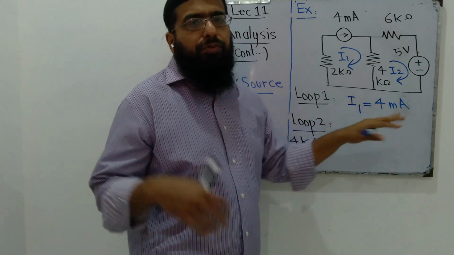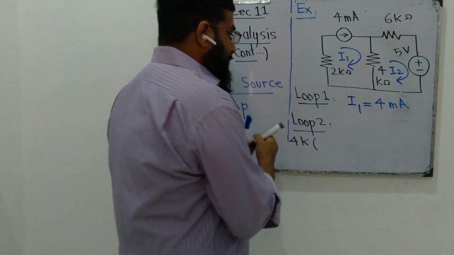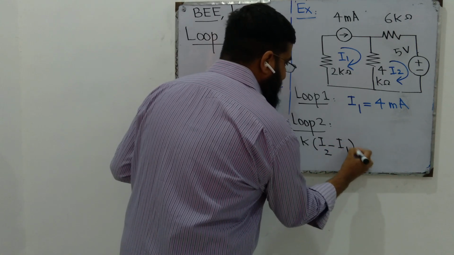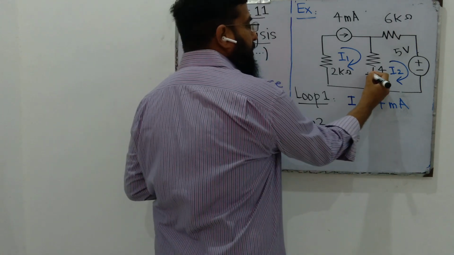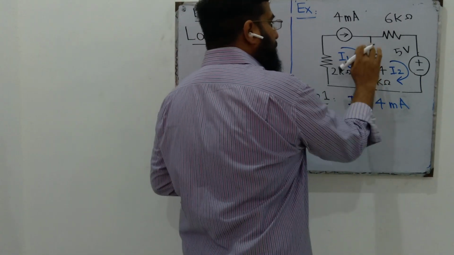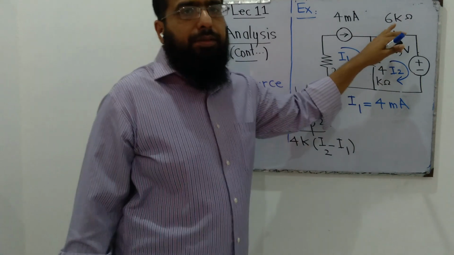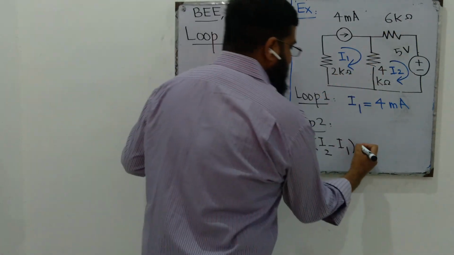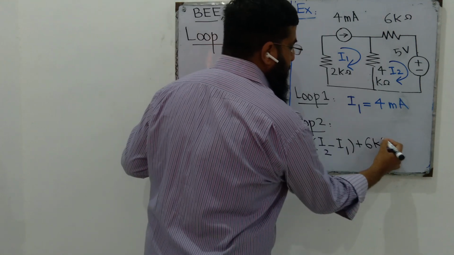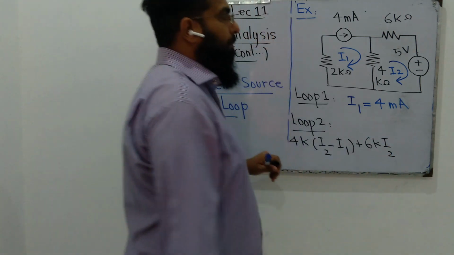We are in loop number 2, so we'll assume I2 to be the highest: I2 minus I1. That is the net voltage drop in this direction. Then we have the 6K resistor. The only current flowing through this 6K resistor is I2, so 6K I2.